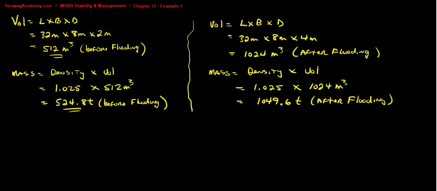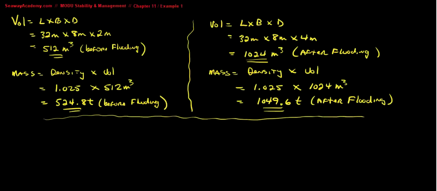So now we need to calculate our shift of G. And this is our GG1 equals the weight times the distance, and that's the distance from the original KG to the KG of the added weight, divided by your original weight plus the weight that was added.